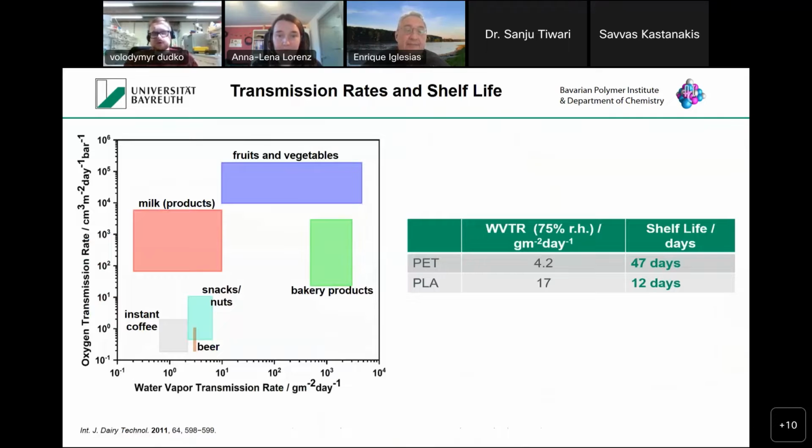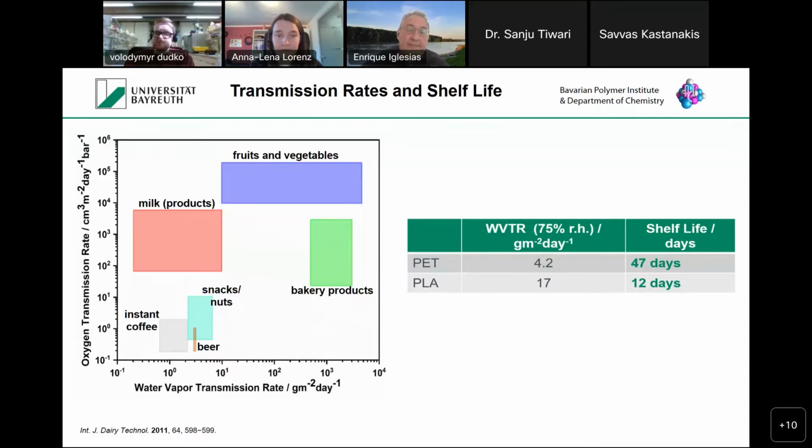Depending on the type of product you want to pack, you have very different barrier requirements. On the graph to the left, you can see the oxygen transmission rate and water transmission rate for different products. For example, for fruits and vegetables, we don't really care about the barrier properties.